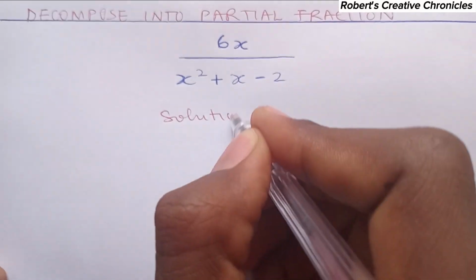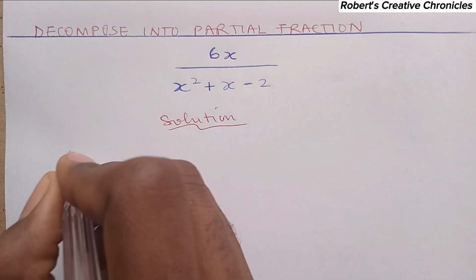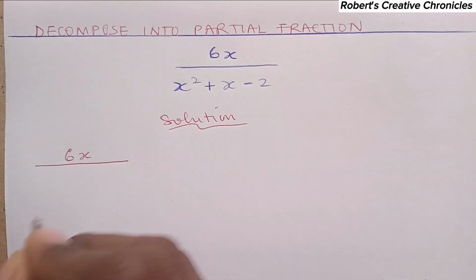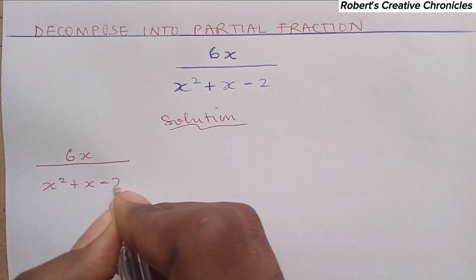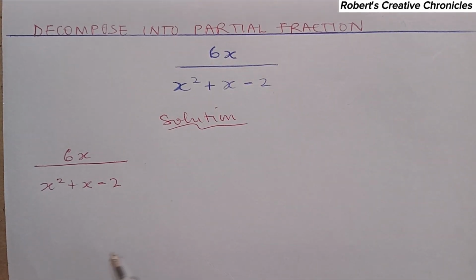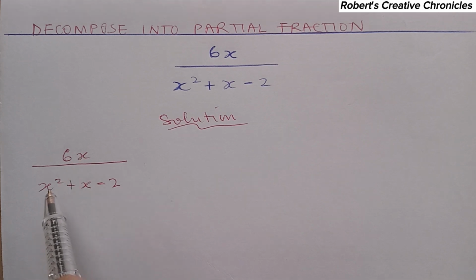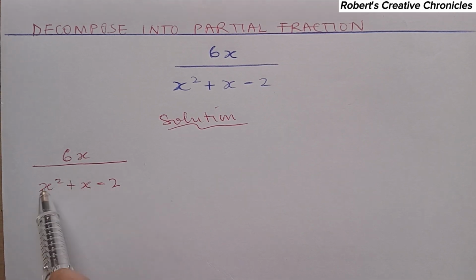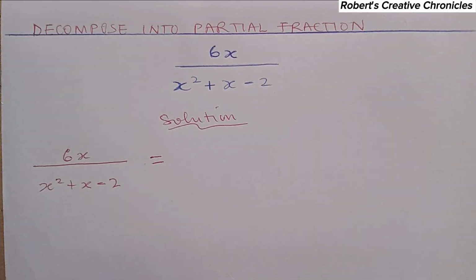Solution. So first, we'll write this. Now, the denominator is a quadratic expression, so we have to factorize it.